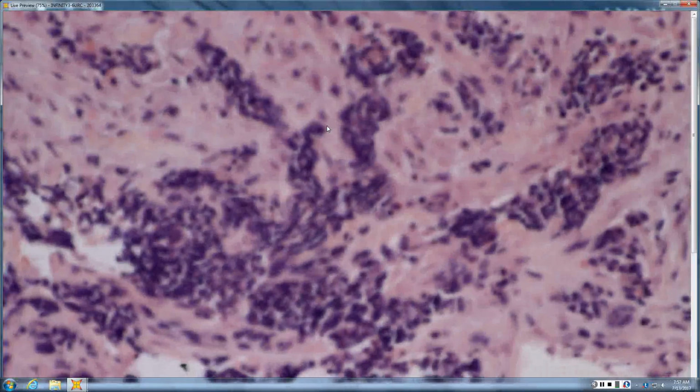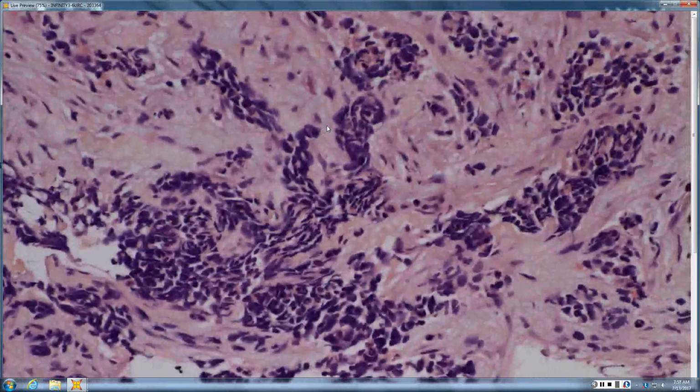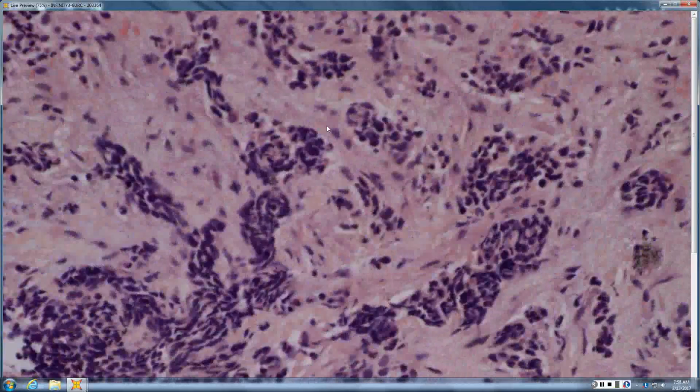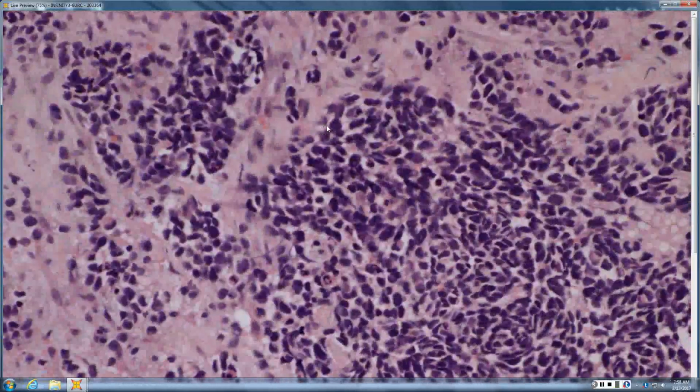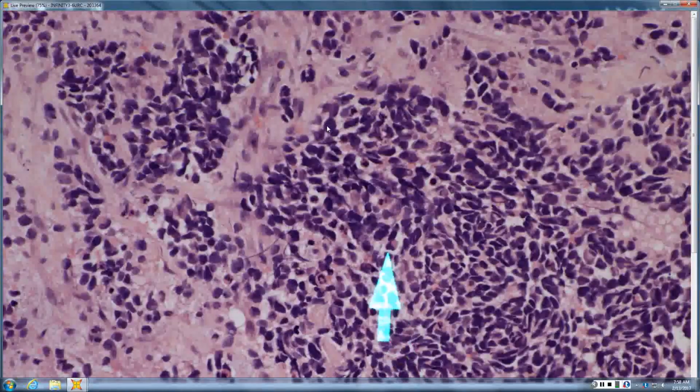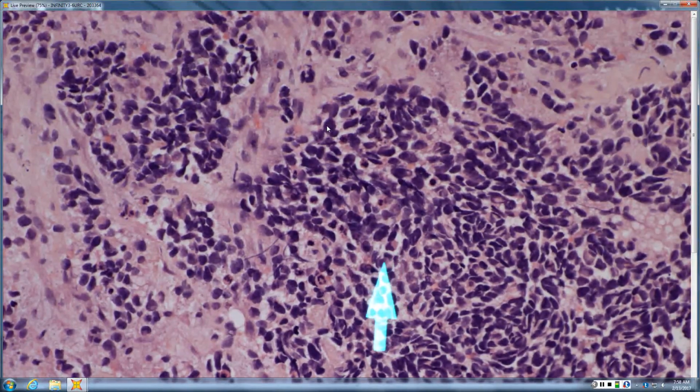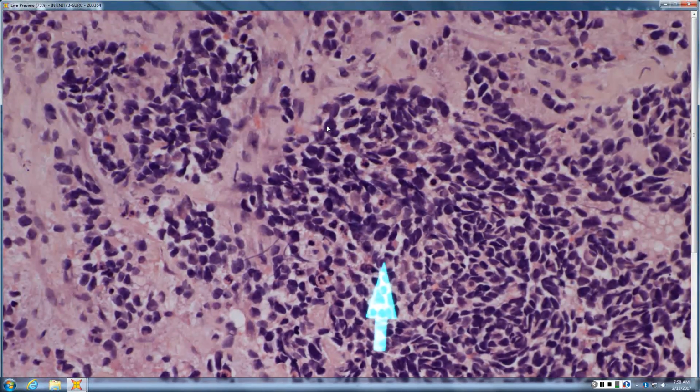Let's also look a little higher at this. So when you look at it, see that cell there? See how it's got an eccentric nucleus and a big red blob next to it? What morphology do you call that in a cell? I believe that would be rhabdoid. Rhabdoid. Do you know any sort of small blue cell tumor that has rhabdoid morphology? It could be melanoma.